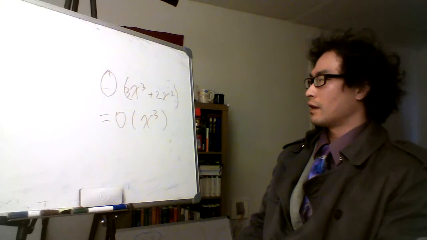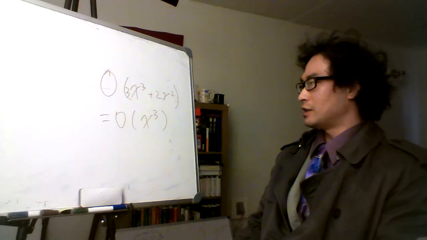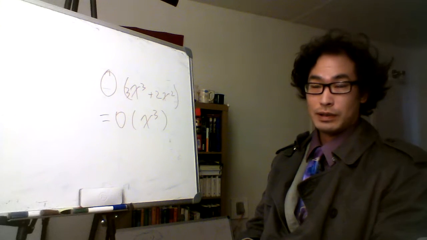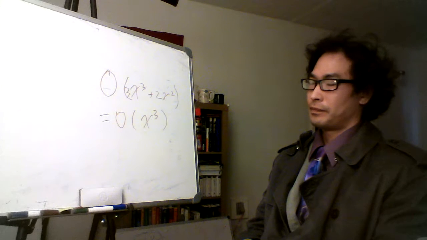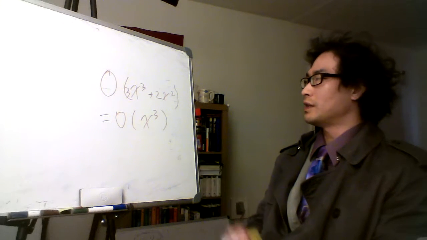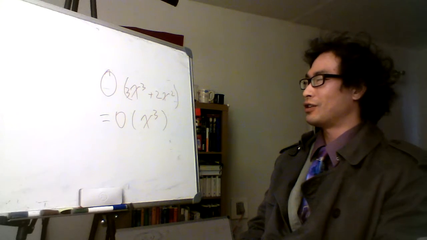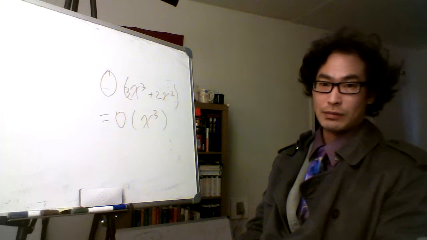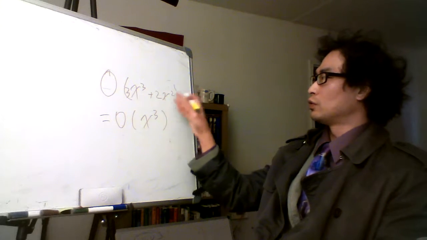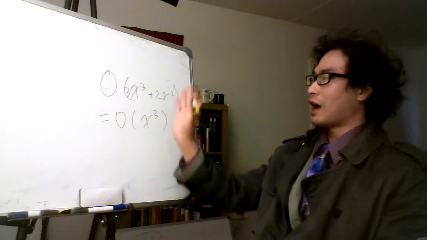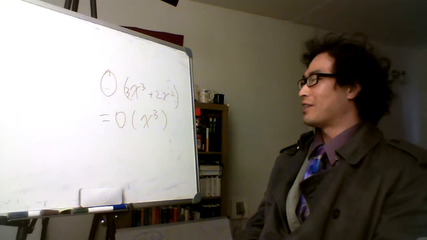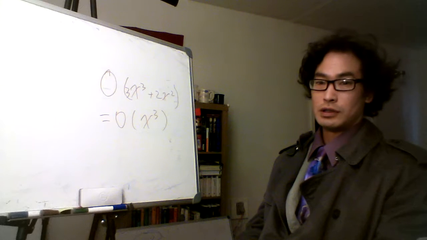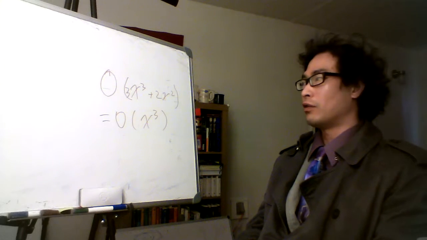It's one of three predecessors of this infinity algebra, because it ignores all the lower terms and all the constants. It extracts what matters the most. That's the power of big O notation.